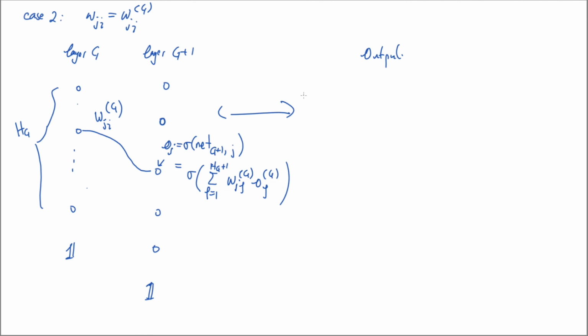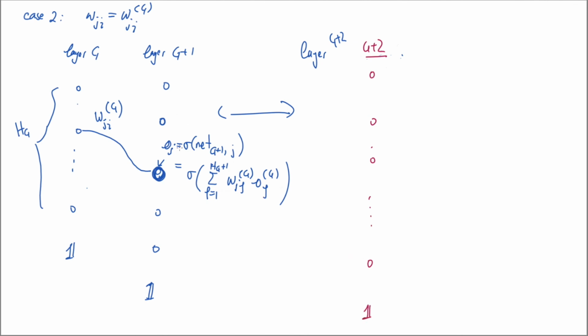And what I want to define here is that this output, this OJ, is going to go into layer G plus 2. You can imagine that the output is really far away, somewhere to the right. And the next layer is going to be layer G plus 2, and here we're going to have H G plus 2 neurons. It's going to have its own bias.